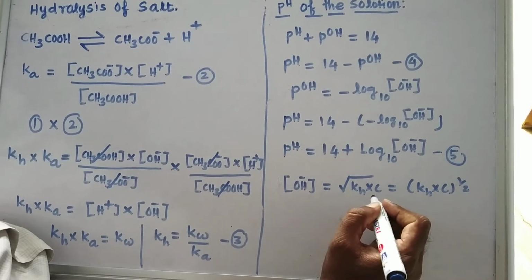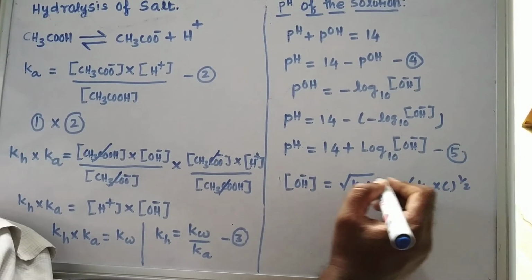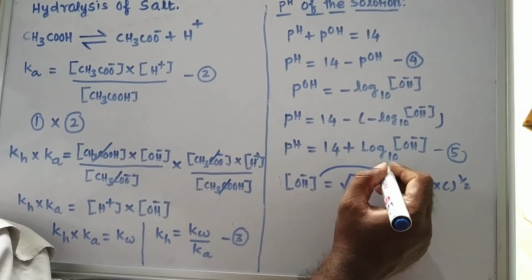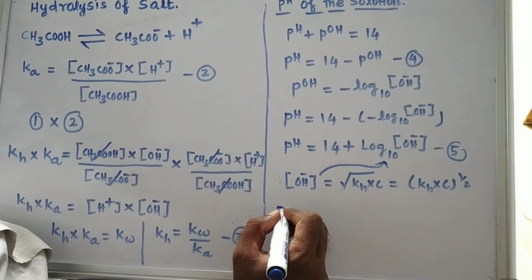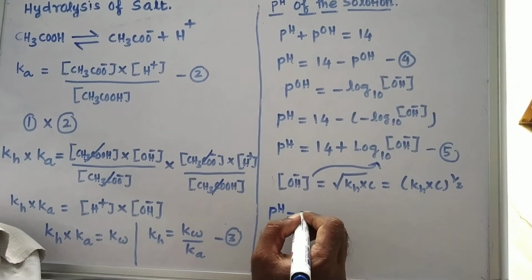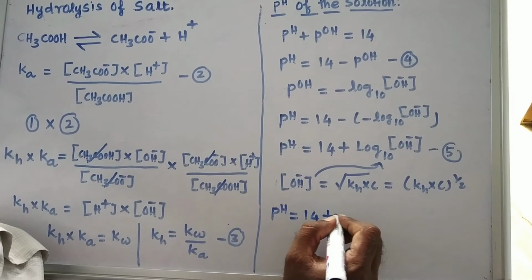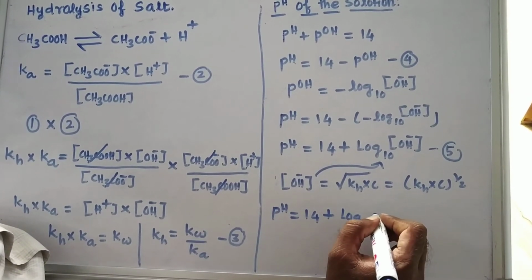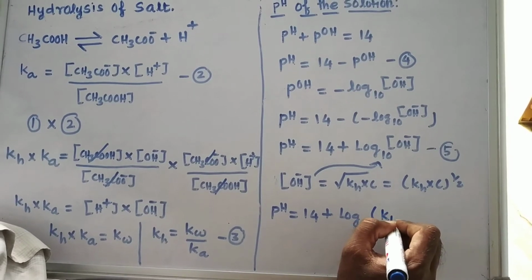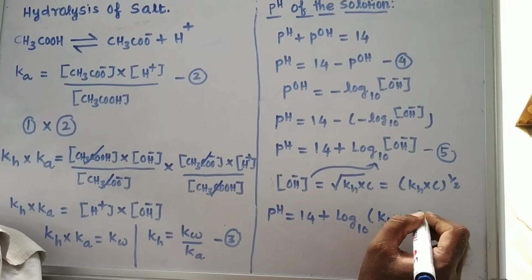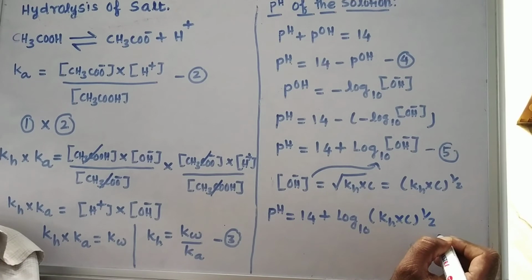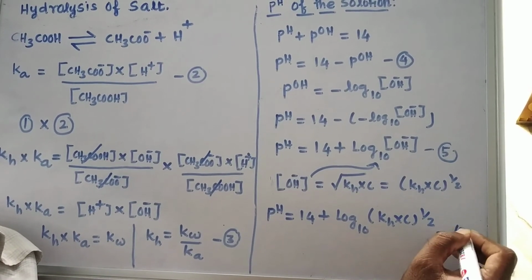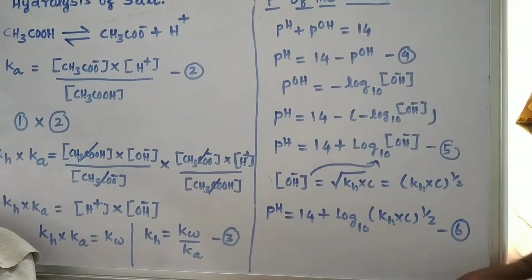Substitute the value of OH minus. So in this place it becomes pH is equal to 14 plus log base 10 of Kh into C whole power half. So this is equation number 6. Now I am going to erase the board.